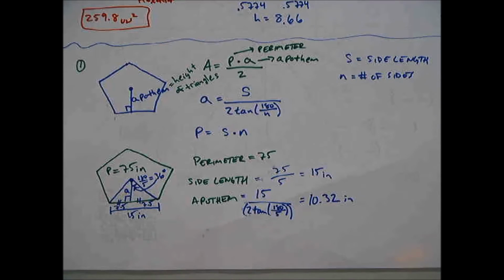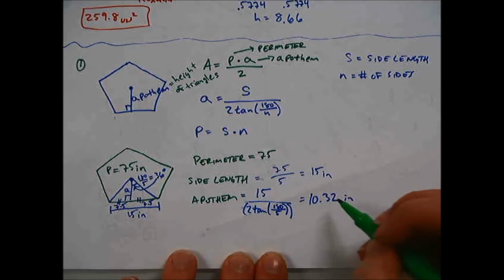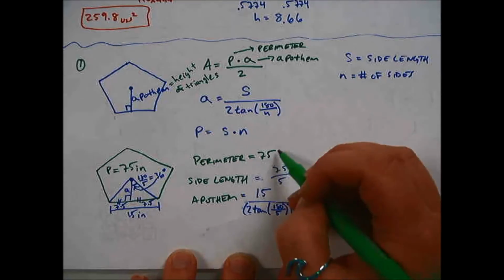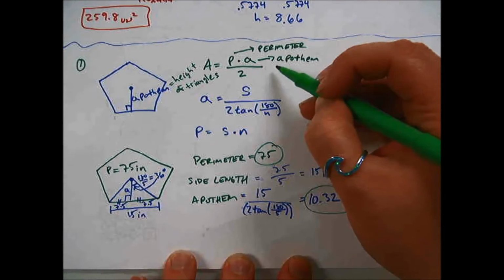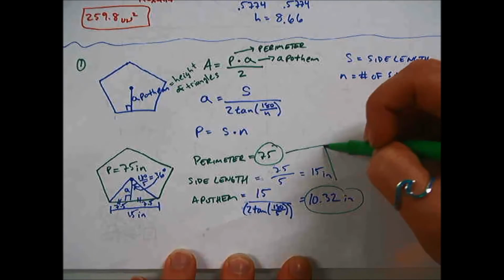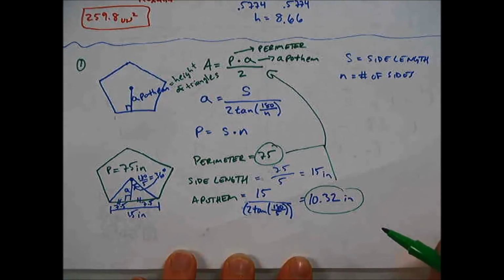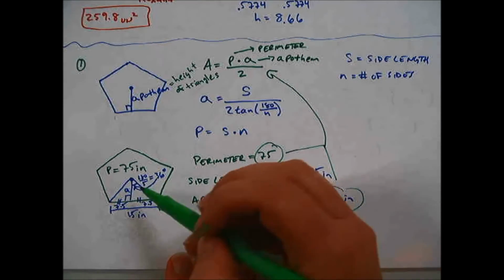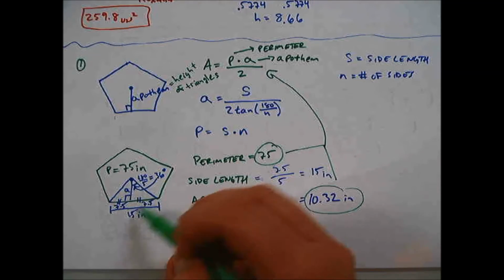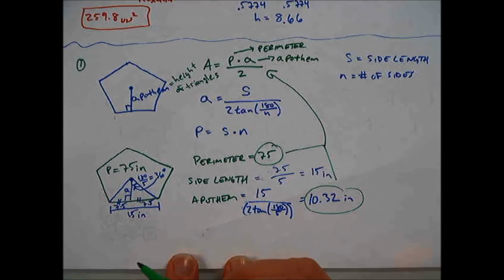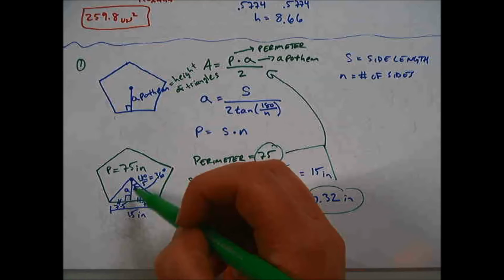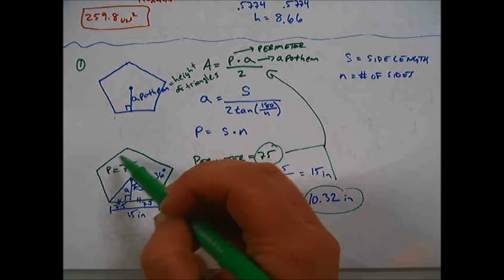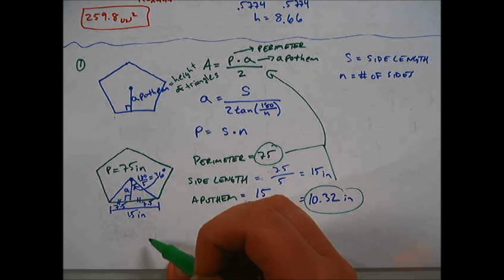Okay, so now we have the perimeter and we have the apothem, and we can plug both of these things into the area equation if we want to. Or we could also just take the side length and the height, or the apothem, and find the area of this triangle and then multiply it by how many triangles we have.